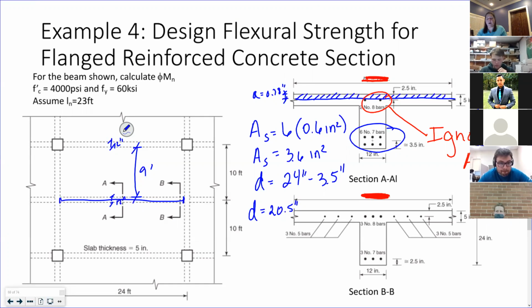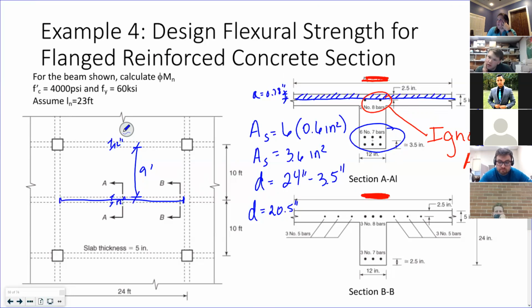And so you might want to include your compression reinforcement in your calculation, because that'll help decrease the depth of your neutral axis. So if you're really close to having to go to case 2, go back and calculate your compression reinforcement, and it may keep you in case 1.